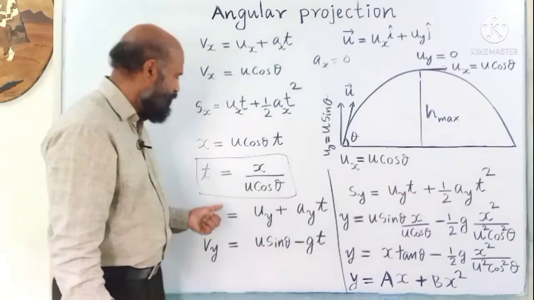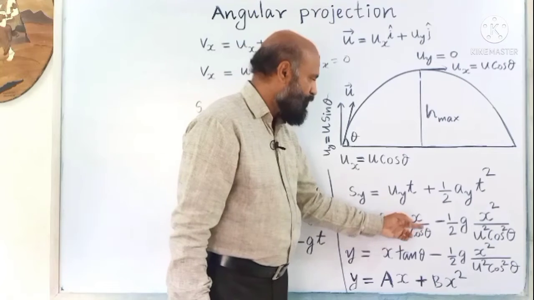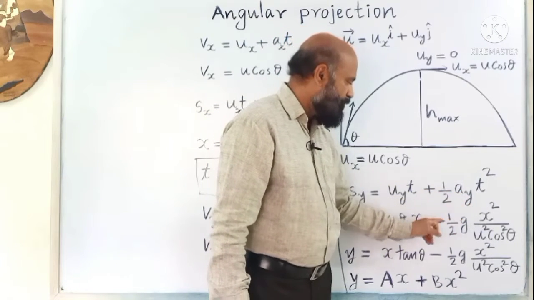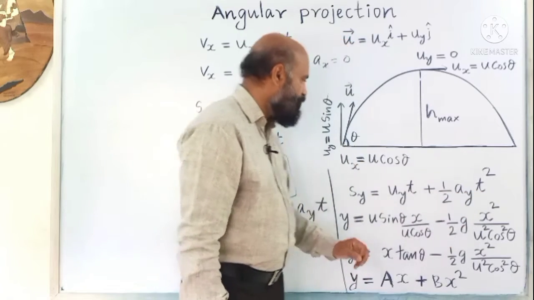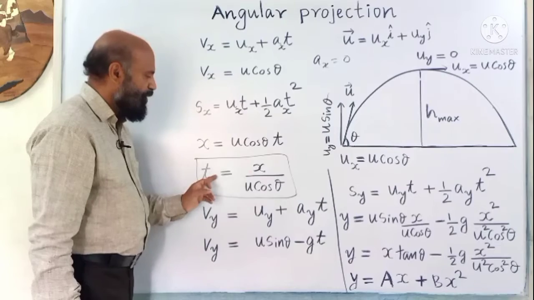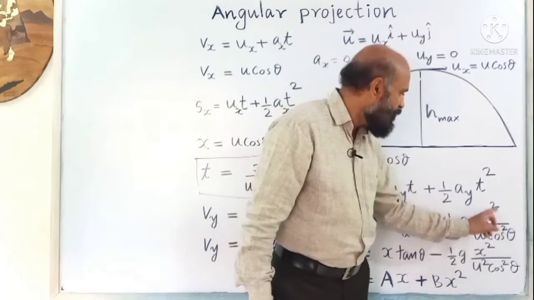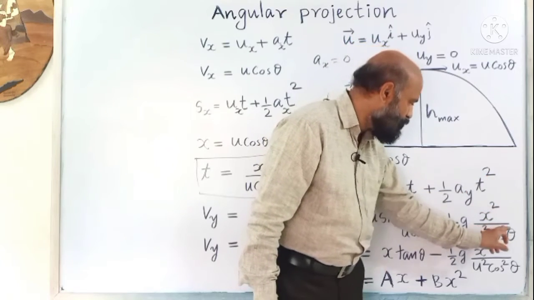For this time we can substitute x divided by u cos theta. Then instead of ay we can write minus g. Since there is a square, you square all the terms.